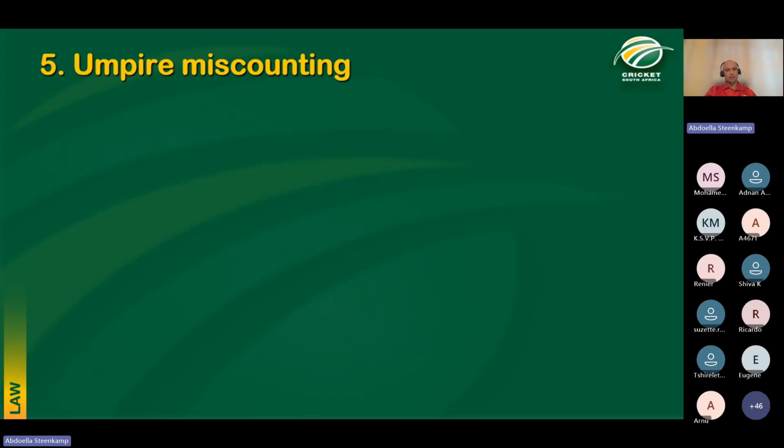So what happens if an umpire miscounts? We try not to miscount. It's a very important part of umpiring. You need to make sure that you get your ball counting spot on. But yeah, occasionally we do miscount. So what happens?